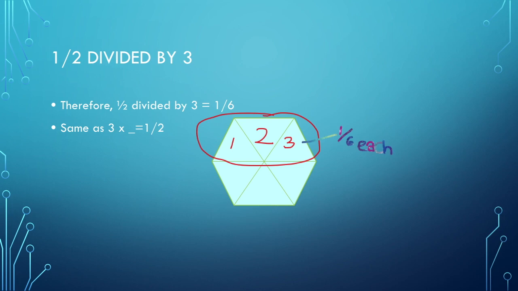So you have your half of the hexagon circled in red, and then divided by 3. So you see 3 triangles that make up the half, and each of those triangles is 1/6. Therefore, 1/2 divided by 3 equals 1/6. And this is basically the same thing as 3 times blank, just the 1/2.